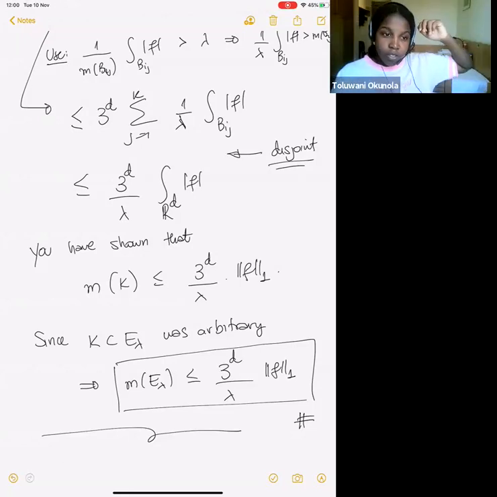I have a question. Go ahead. You said the Bij's are disjoint and then the integral became over the entire Rd. Why? The second line to the third line on the current page.